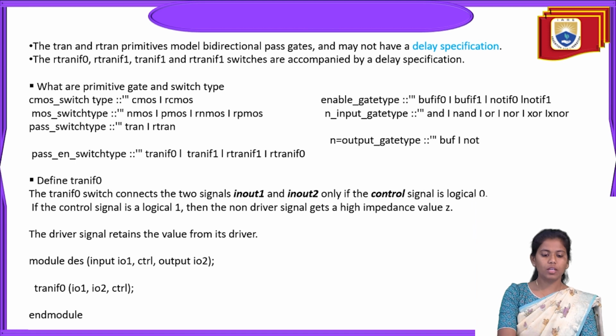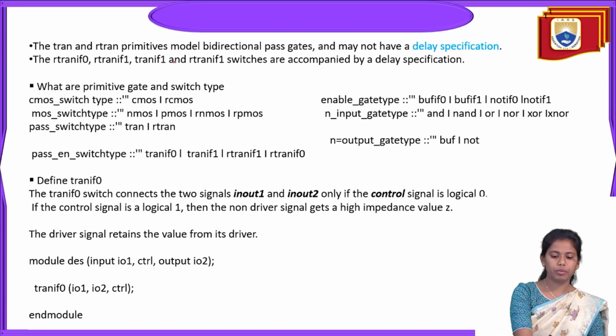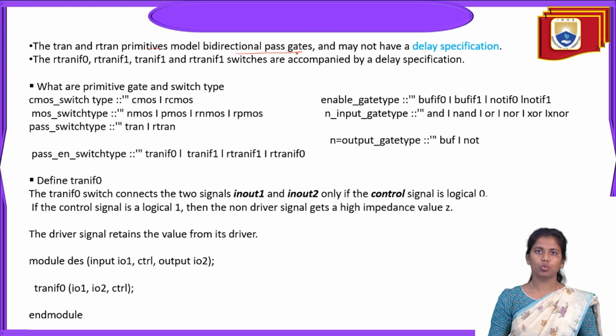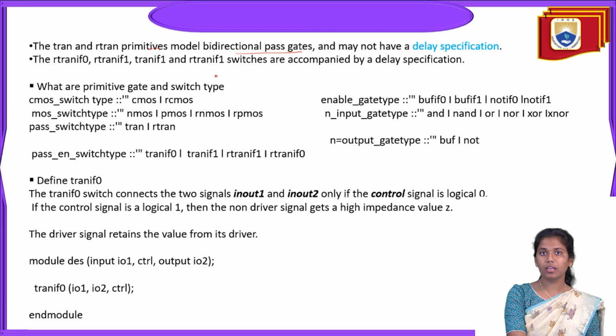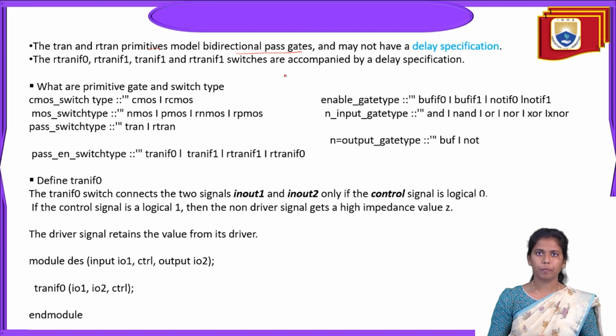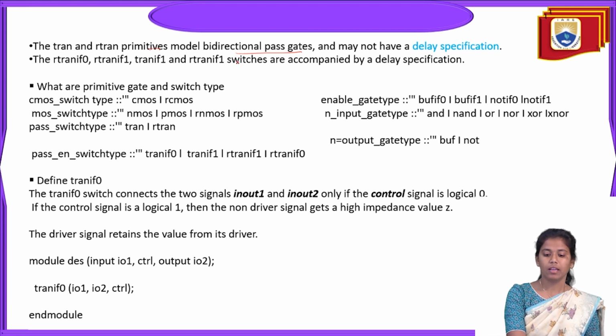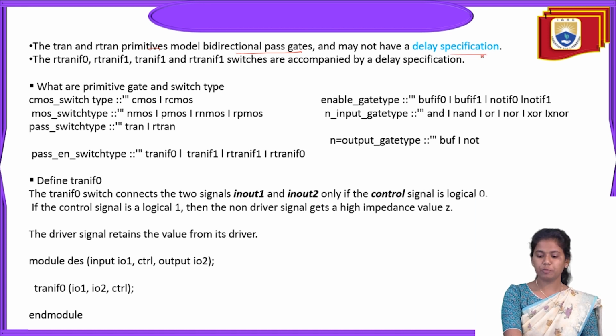The rtran and tran primitives model bidirectional pass gates. As these are called bidirectional switches, they model the bidirectional pass gates, the gates designed using these bidirectional switches, and may not have a delay specification.